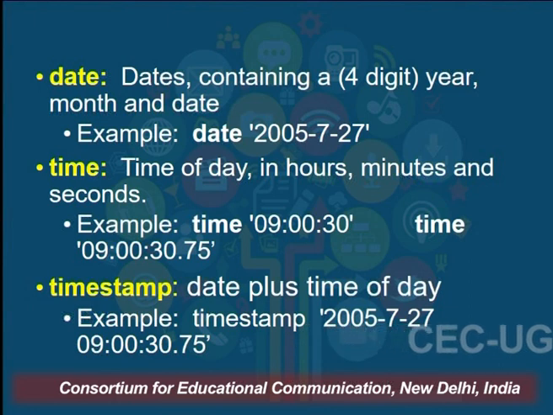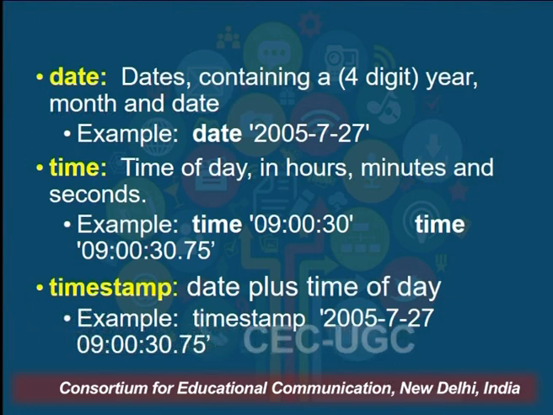Here also you can control the format, as in whether you need the time in 24-hour format or in 12-hour format. That also can be controlled. Apart from date and time, there is also TIMESTAMP. Timestamp is date plus time of the day.